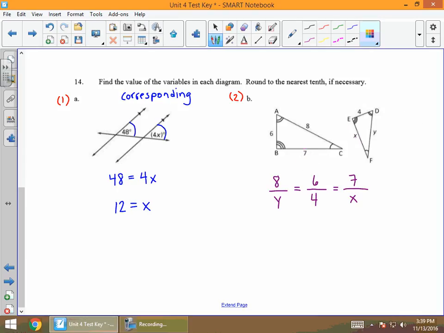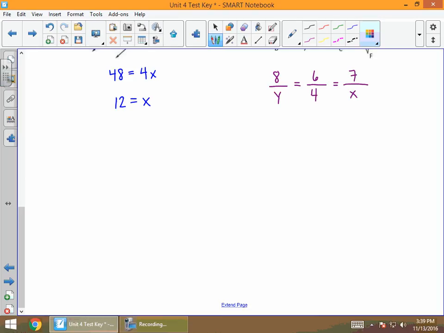All right, so in order to solve this proportion, I'm going to look at it as two different problems. First one I'm going to look at are just the first two fractions. So I'll do 8 over y is equal to 6 over 4. But remember, you need two fractions to solve a proportion.